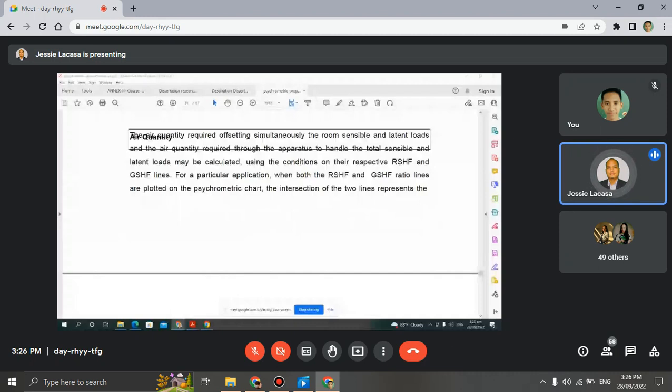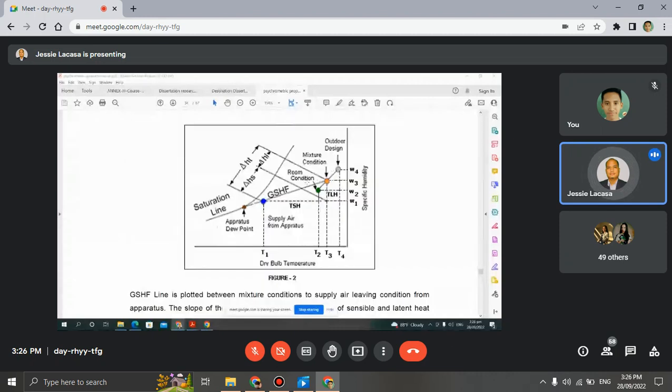And then the room sensible heat factor is from the room to the supply air.